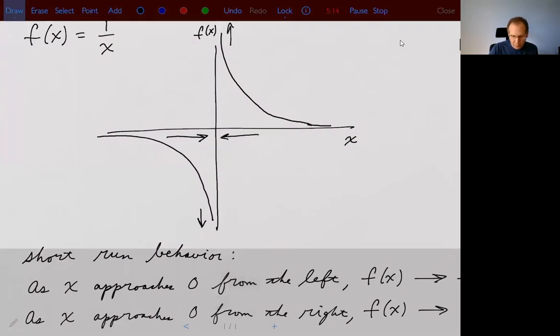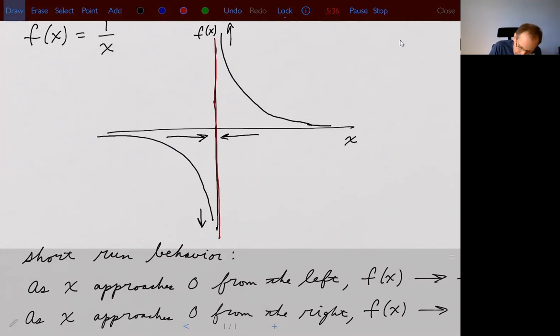Now, in this case, if I look at the graph again, that vertical line, which is really the y-axis in this case, which has the equation x equals 0, that's what's called a vertical asymptote. So this line, which goes right through 0, is really the same as the y-axis in this case.